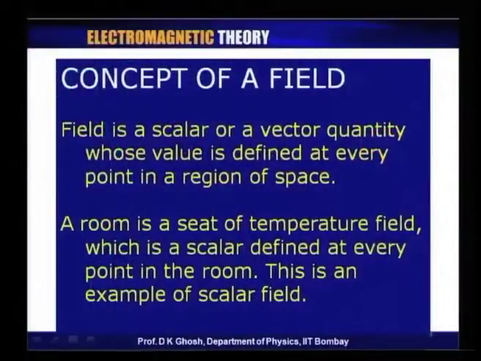So, basically our definition of a field is a scalar or a vector quantity which can be defined at every point in a region of space. And so, as I said, the room is a seat of temperature field, and temperature being a scalar, can be defined at every point in the room.